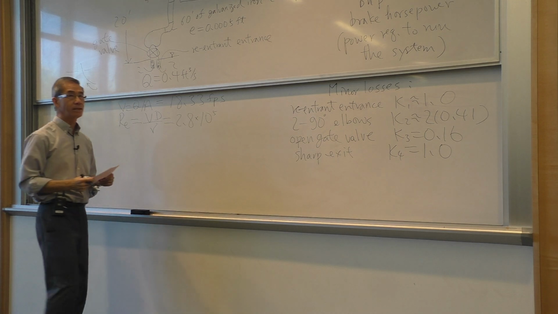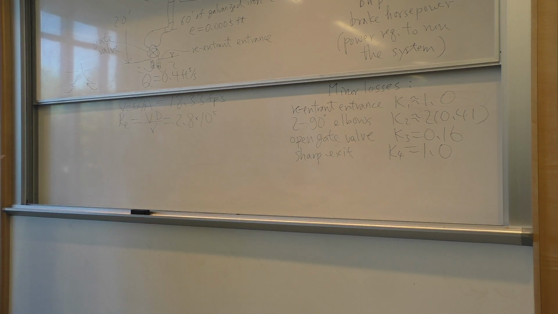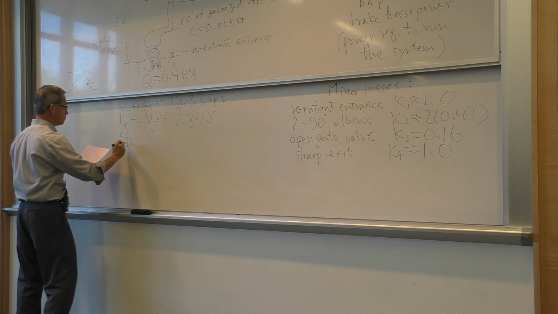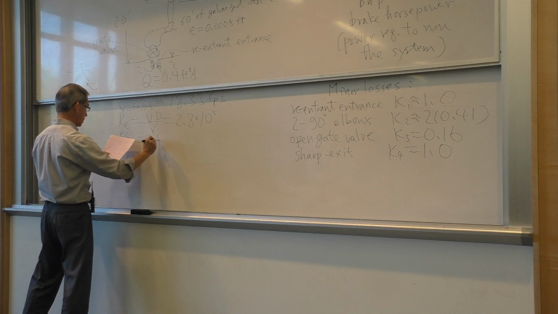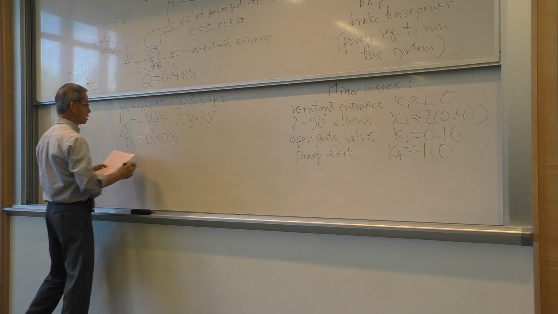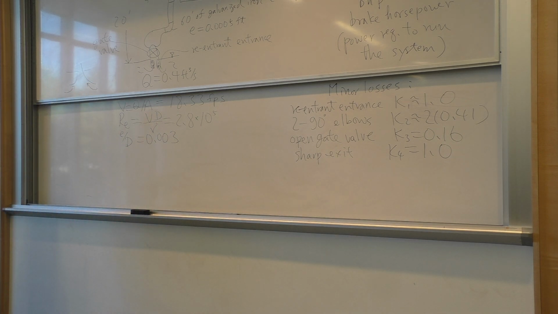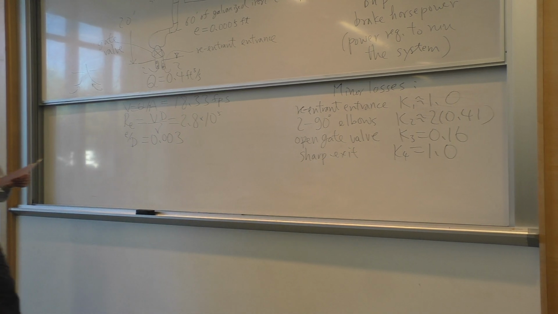It's not up to a million yet, it's only about 3 times 10 to the power 5. But nevertheless, it's obviously a turbulent flow. You can check all these numbers yourself. The roughness factor based on the diameter is about 0.003.